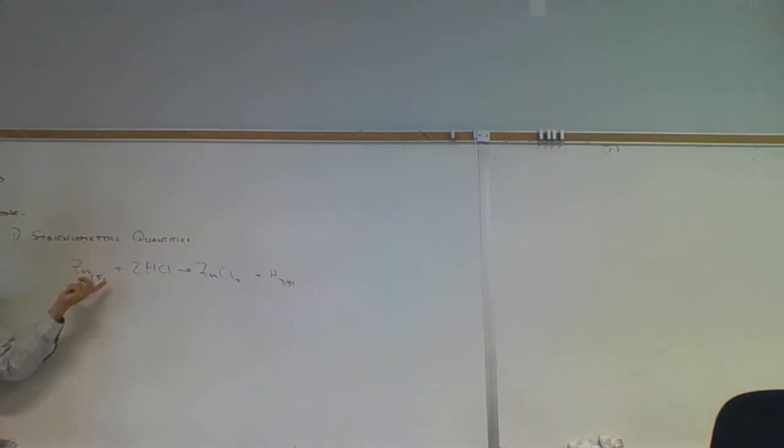And so in order to get stoichiometric quantities, we need just the right amount. Getting just the right amount is very difficult. You aren't going to be sitting there measuring it molecule by molecule until you add just the right amount of HCl. And so what happens typically is this. Stoichiometric quantities are exactly the right amount. Instead, what typically happens is we'll have excess and limiting reactants.